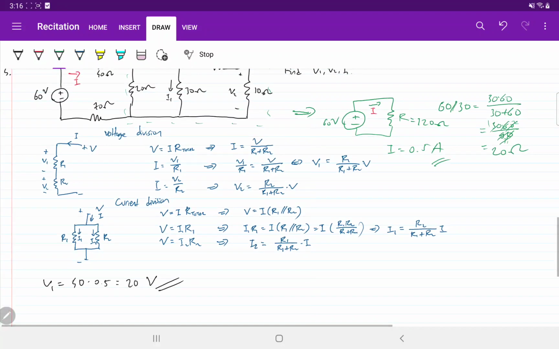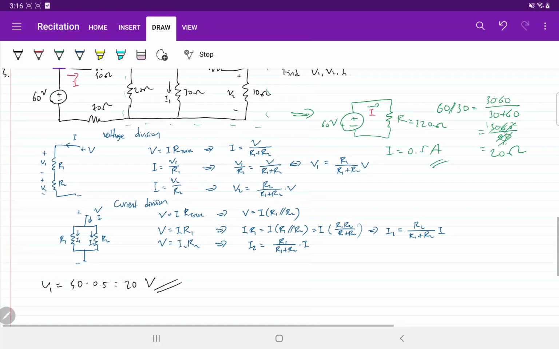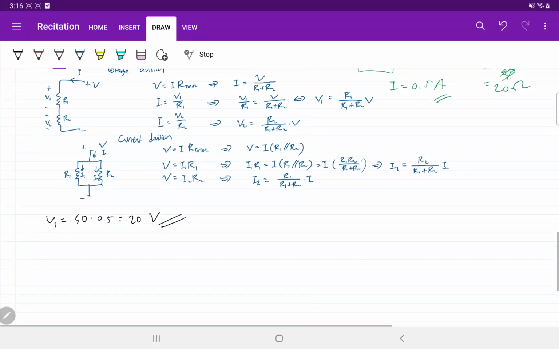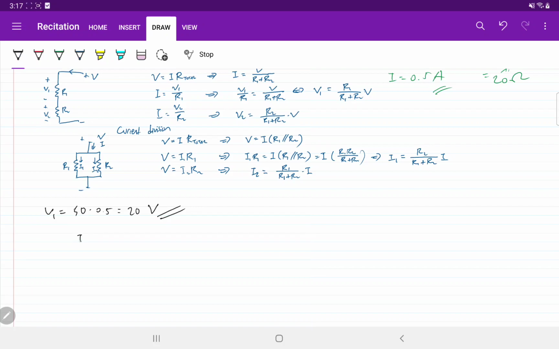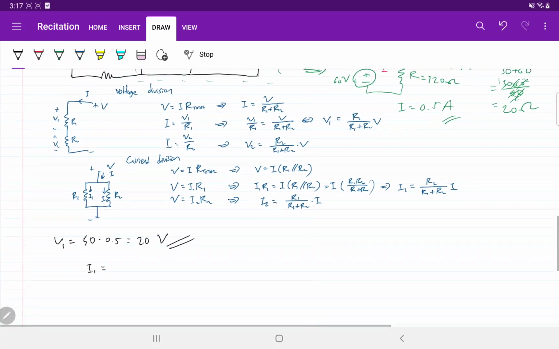So let's use the current division here to compute I1. So what is I1 here?